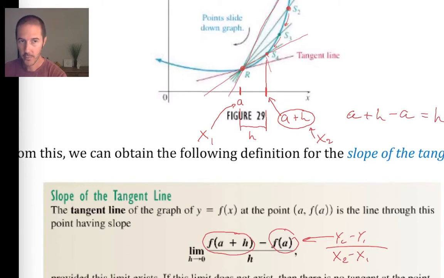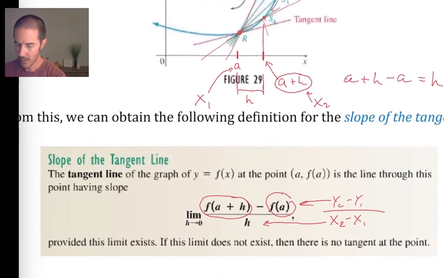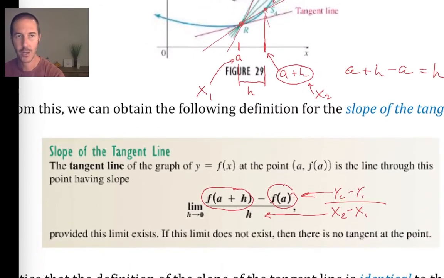So at the bottom of your screen, x2 minus x1 is being denoted as h, because h is the result of doing that subtraction. It is the difference in our x values, or the change in x.